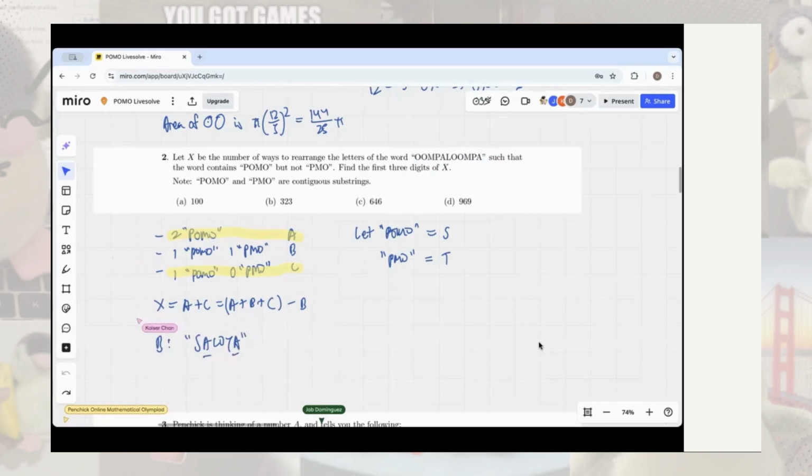That means we can do this in 6 factorial over 2 factorial, which is 360 ways. So B is 360.